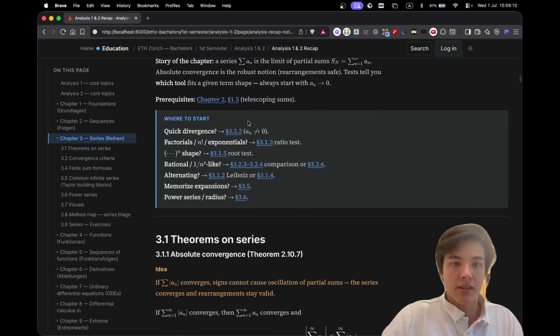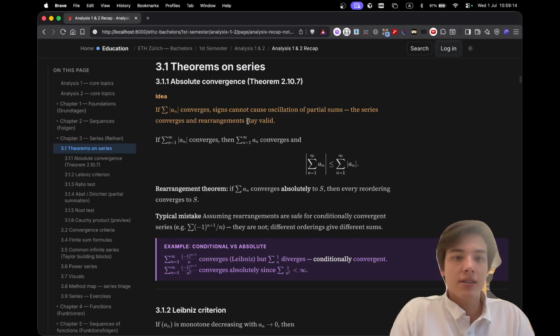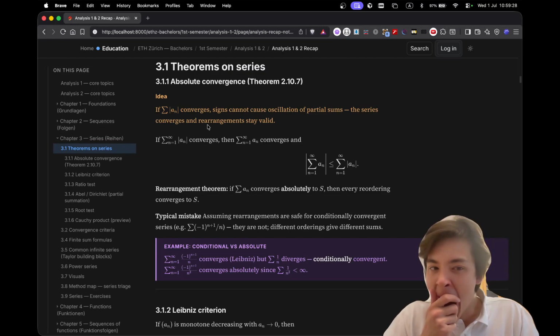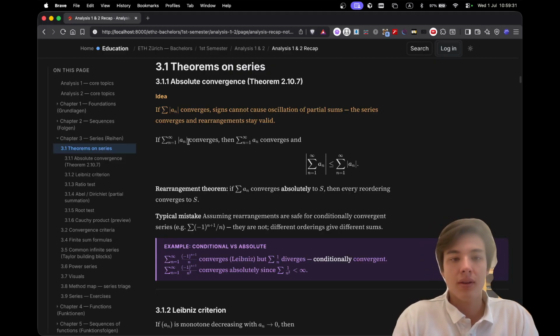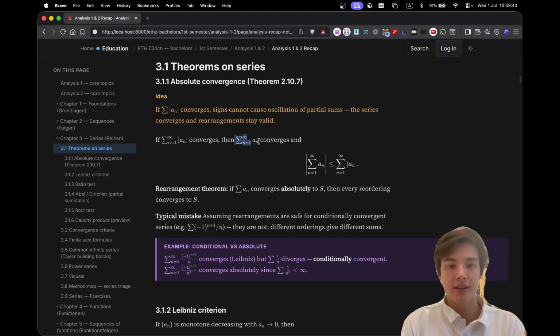Okay, so let's see. Absolute convergence. So if the absolute value converges, then the series converges as well. That means we add, if it's minus, it's a positive number. And this could have positive and negative, so it can make it smaller, right?